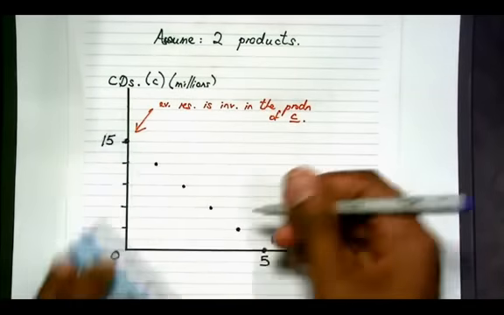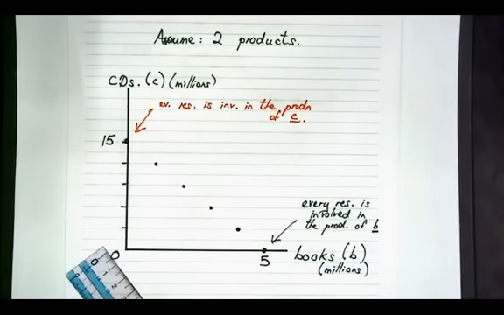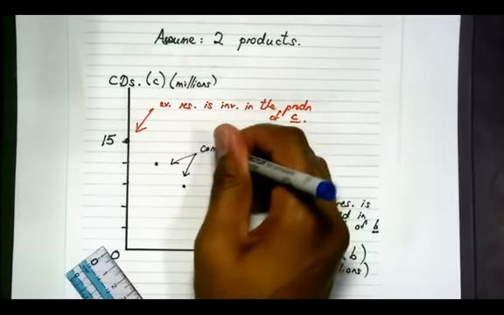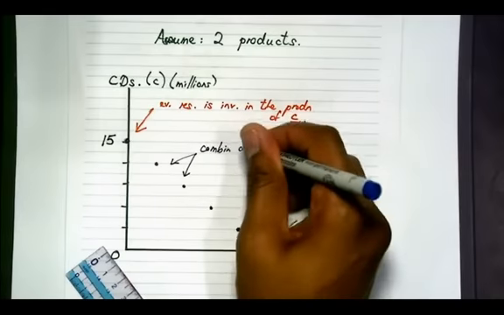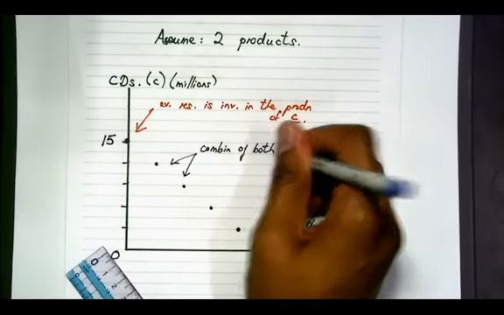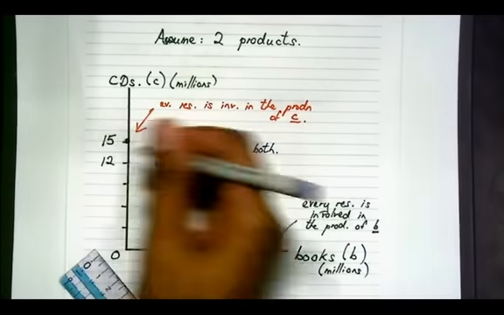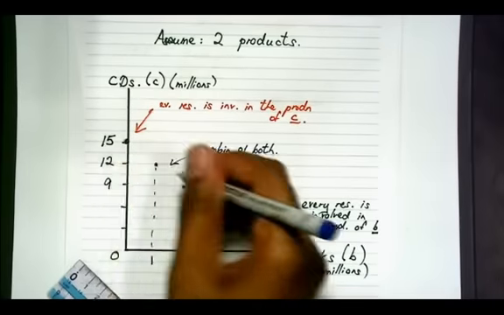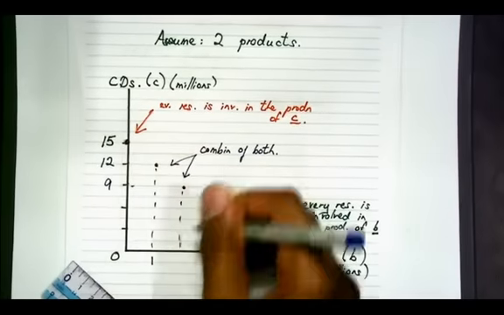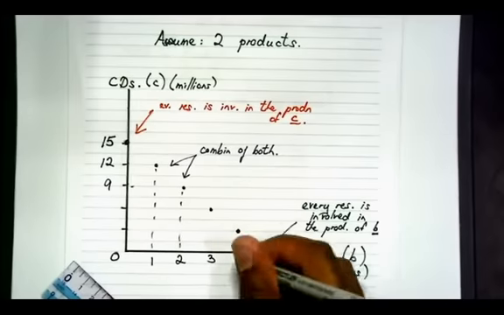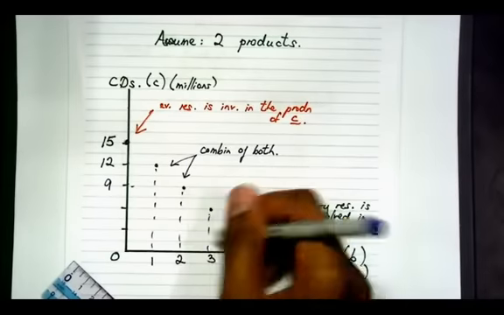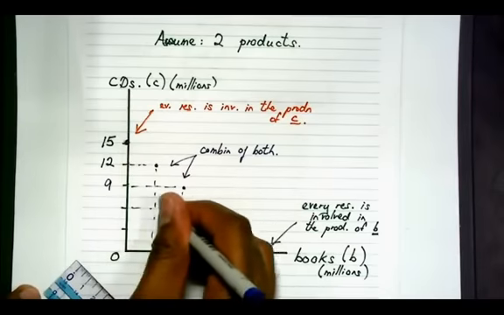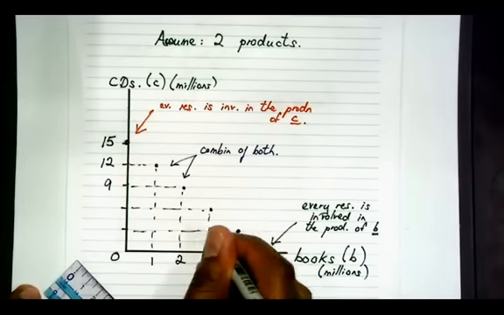For example, we could produce 12 CDs and 1 book, or 9 CDs and 2 books, and so on. Different combinations of books and CDs. Is that okay?